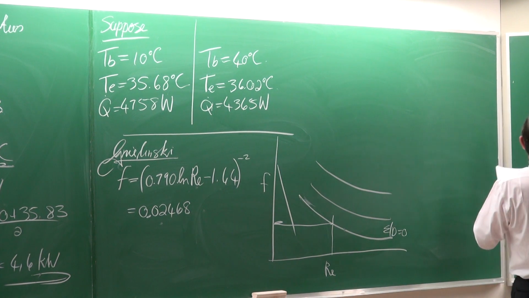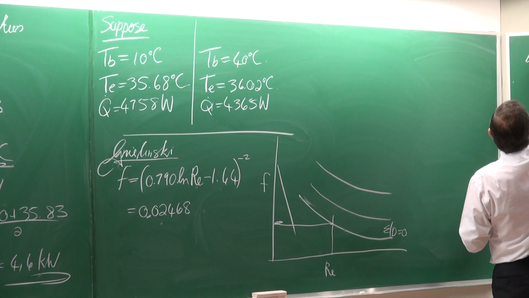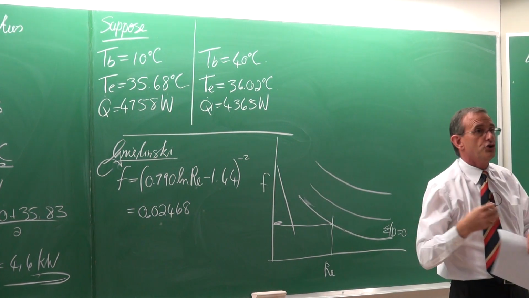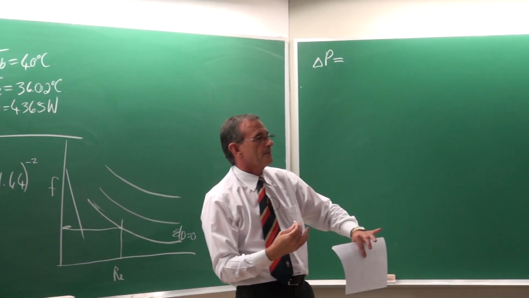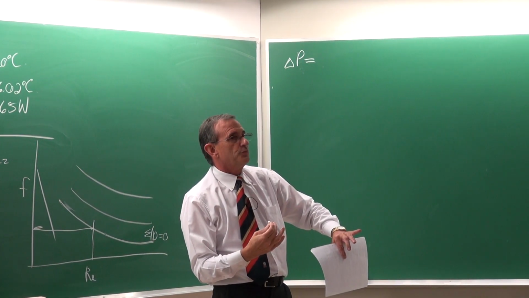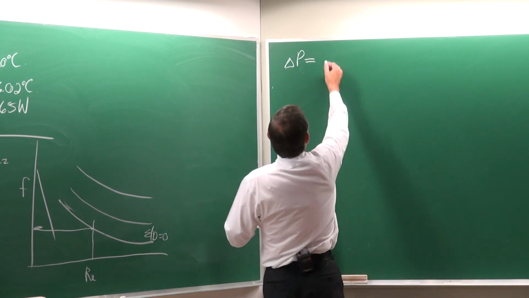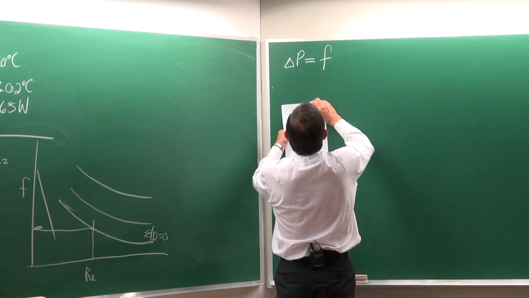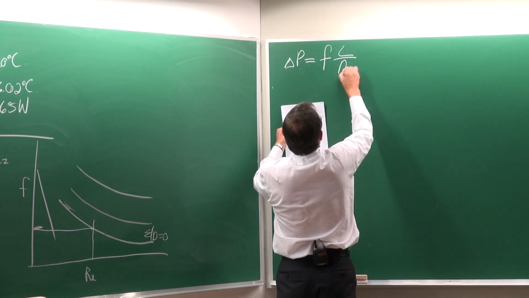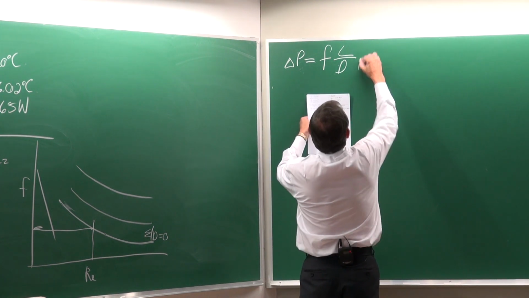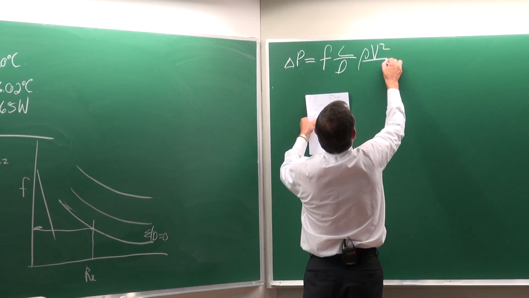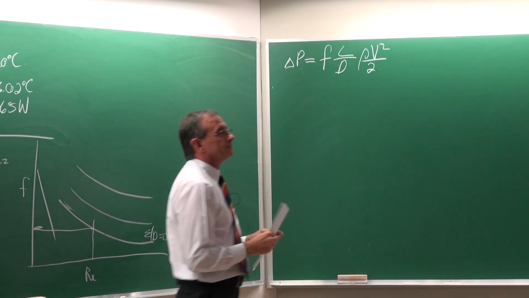Right, now we can calculate the pressure drop through the tube. The pressure drop through the tube is equal to the friction factor multiplied by the length divided by the diameter, rho v squared divided by 2.